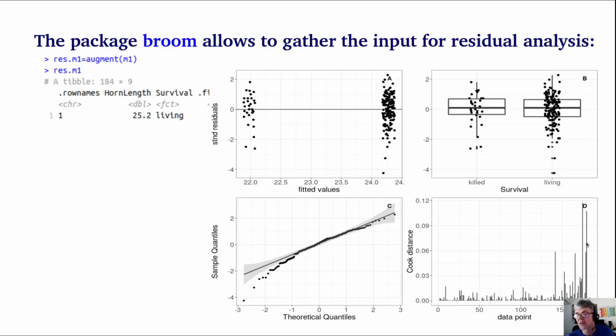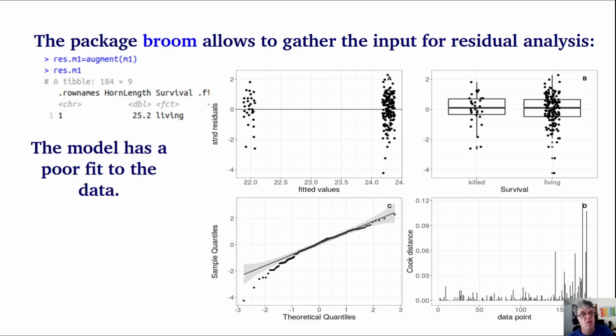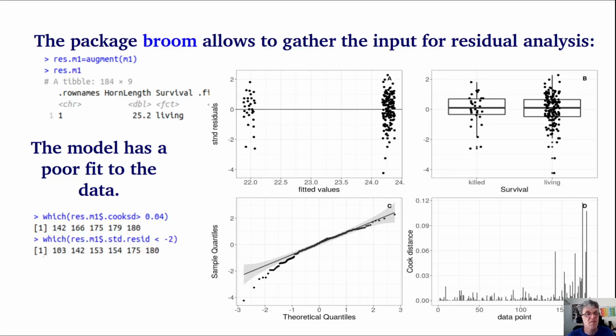And here we see in the Cook distances that there are a few points, about two, which seem to have an inordinate potential influence on the fitted values of these parameters. So the model has a somewhat poor fit of the data. So what I did here is to identify the points that have a big Cook distance.